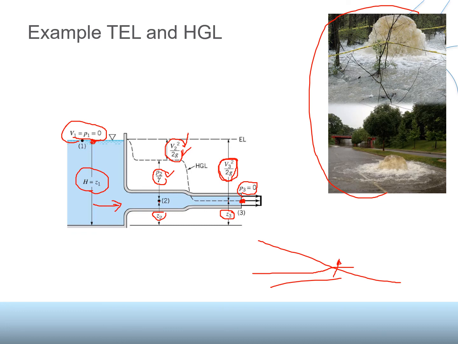So one of the criteria when you design your sewer system is to check the hydraulic grade line and ground elevation. You need to ensure that the hydraulic grade line is sufficiently below the ground as required by the local water guidelines. So that's one of the criteria.